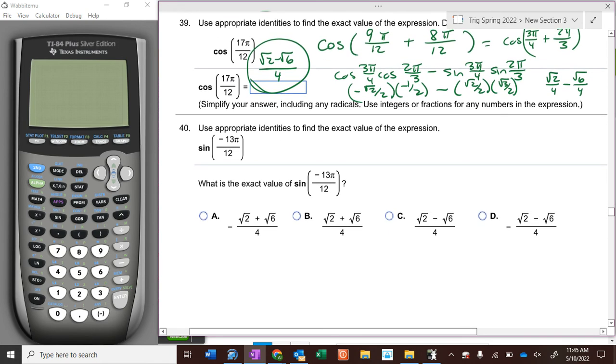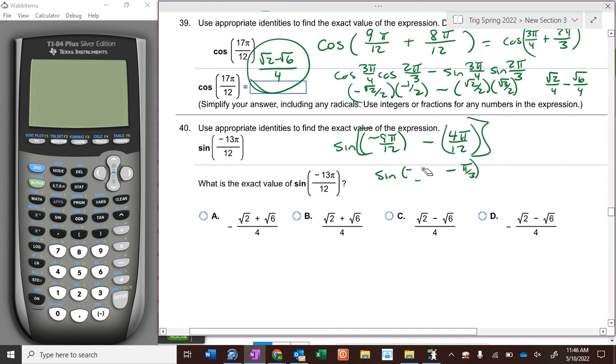The sine of negative 13 pi over 12 is the sine of negative 9 pi over 12 minus 4 pi over 12, which is the sine of negative 3/4 pi minus pi over 3.